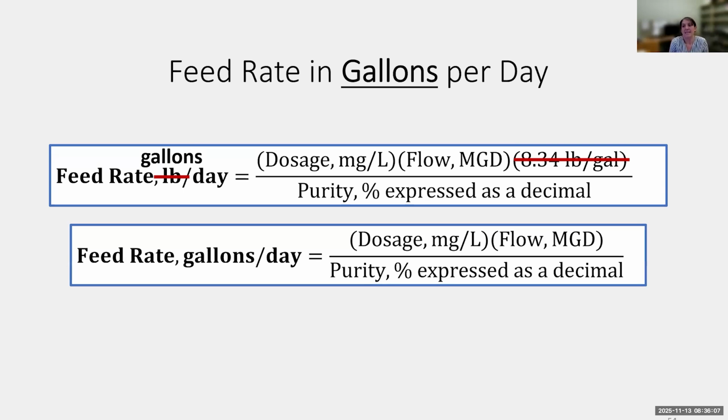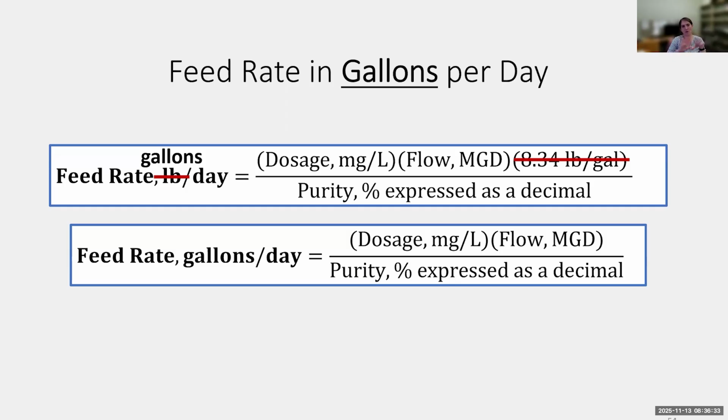And what we get is a feed rate in gallons per day is equal to dosage in milligrams per liter times flow in million gallons per day divided by purity percentage expressed as a decimal. Now, if you forget how to convert this equation into gallons and you use the feed rate in pounds per day, that's okay.